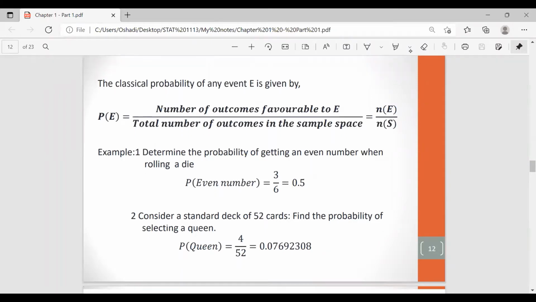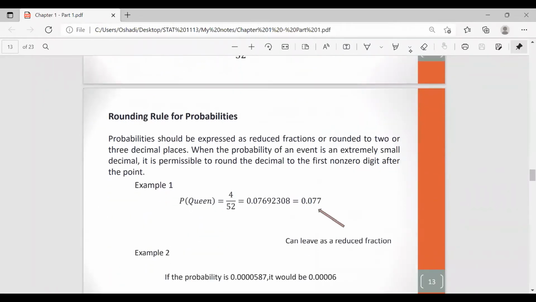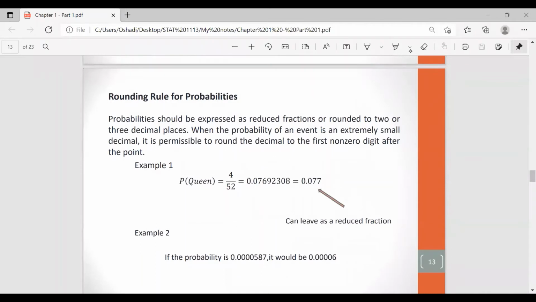So when we are writing the probability, it's better to know the rounding rule for probabilities, right? So probability should be expressed as reduced fractions or rounded to 2 or 3 decimal places. So it's better to write your probability value in 2 or 3 decimal places. A reduced fraction would also be okay, right?